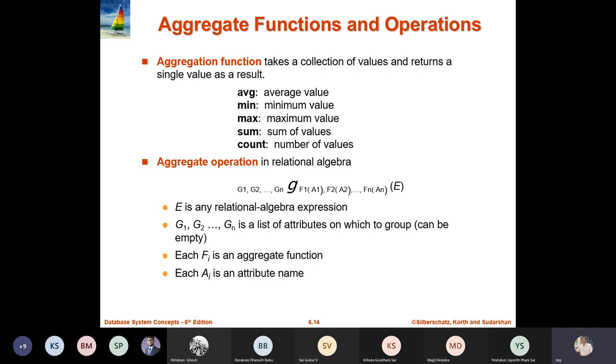Once we represent an aggregate function in relational algebra, we represent it with the calligraphic G. Then we have the functions F1 working on A1, F2 on A2, and so forth, and we have a list of attributes on which grouping can be done.